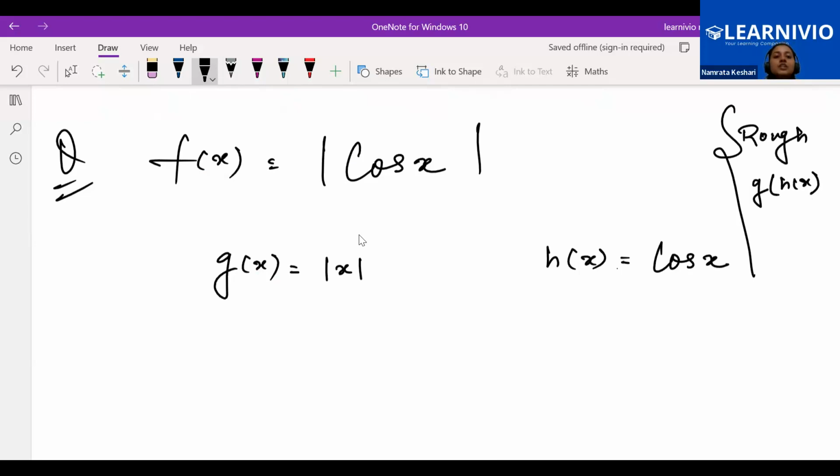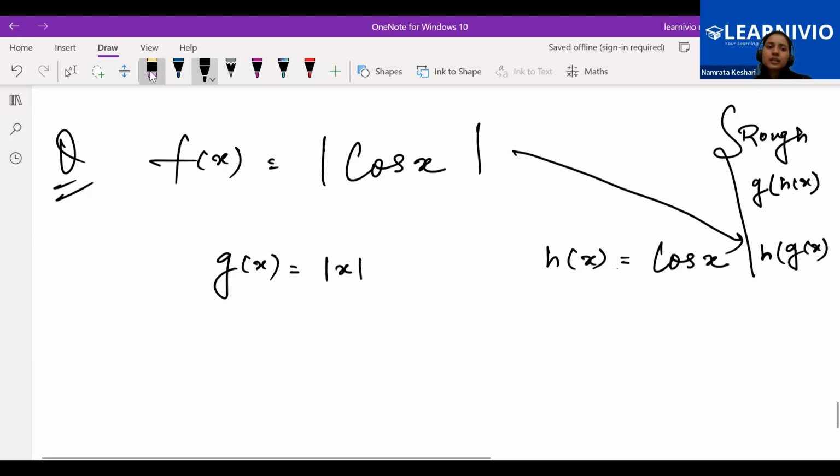Okay, sometimes when you check in the rough part, Fatima, you will realize that g of h(x) is not exactly the given function, modulus of cos x. But when you find the other composite function, that is h of g(x), then you get the same f of x. Okay, sometimes you will get it like that.